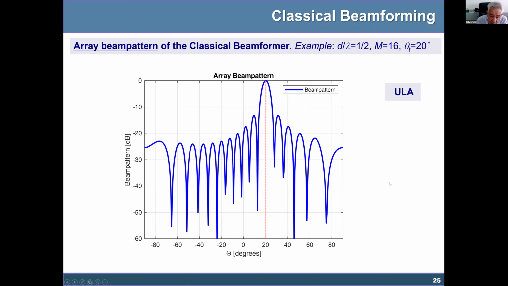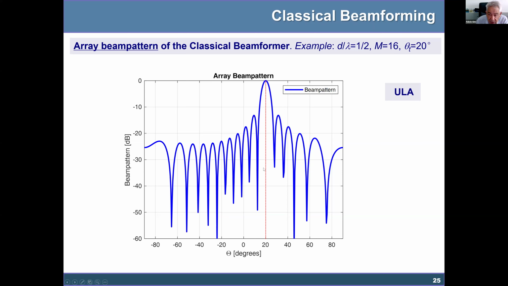This is due to the nonlinear mapping between the frequency Fs and the angle of arrival theta. So if you plot the beam pattern as a function of the normalized spatial frequency, it would be just a shift. But if you plot as a function of theta, because of this nonlinear mapping, it is not just a shift, but there is a distortion.